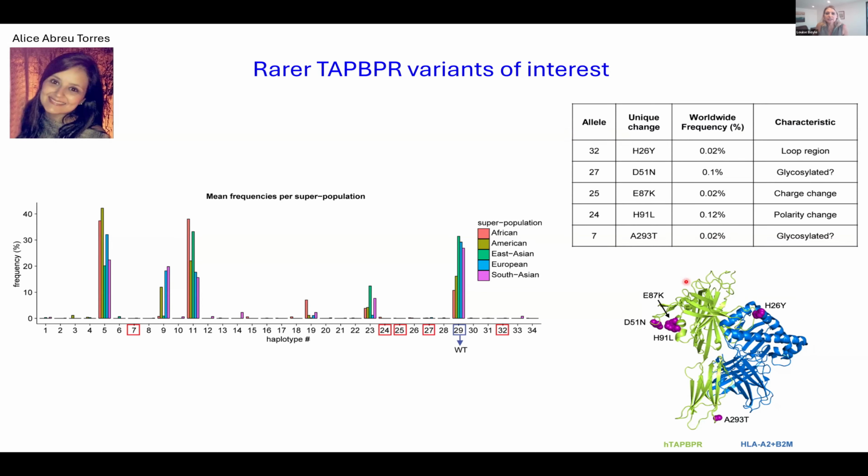We were also interested in allele 27 and allele 7, which looked like they had the potential to be glycosylated due to the variations introducing an NXT or an NXS motif into the TAPBPR molecules. And we also picked another couple of variants that we thought looked interesting due to specific changes.